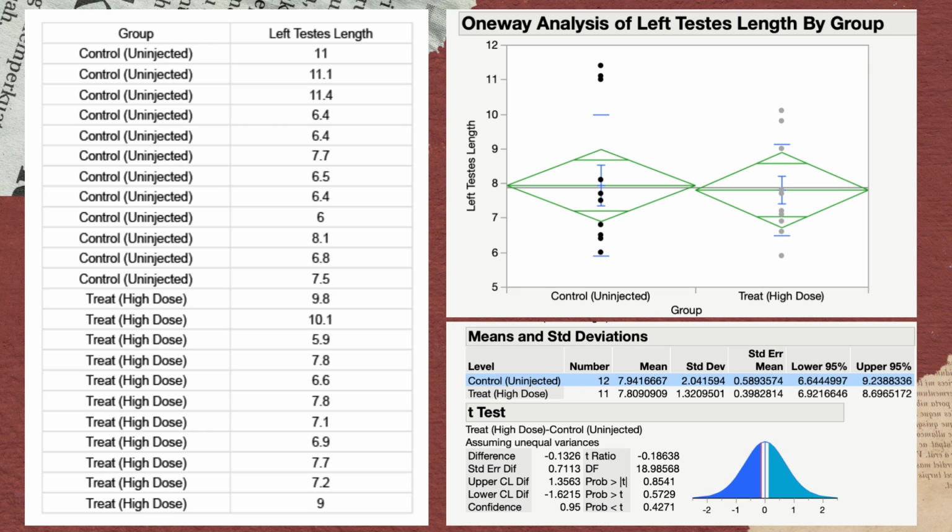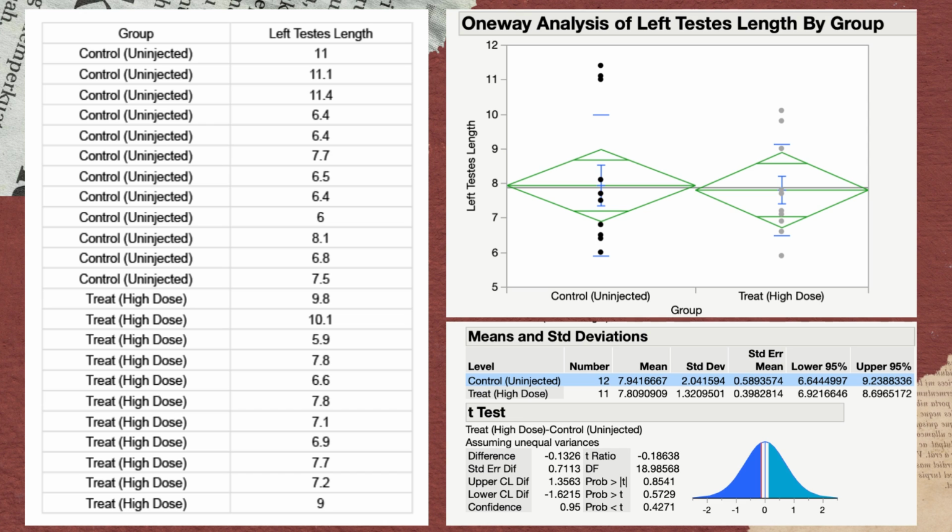Here you'll see how I collected the data. On the left side here, you'll see that I categorized them into groups, and then I compared the left testes length on the right side.